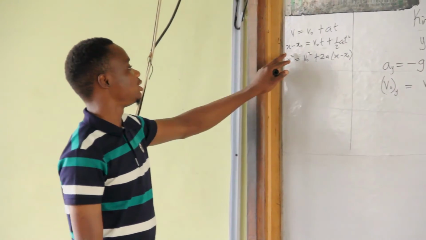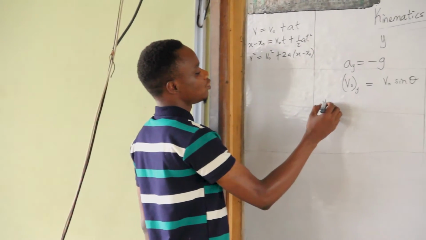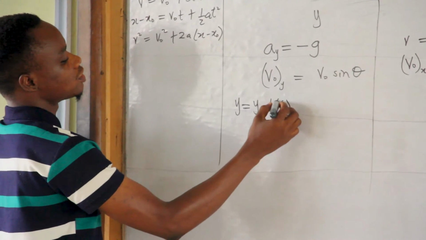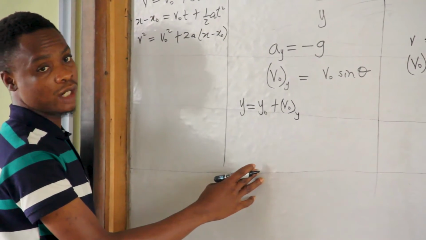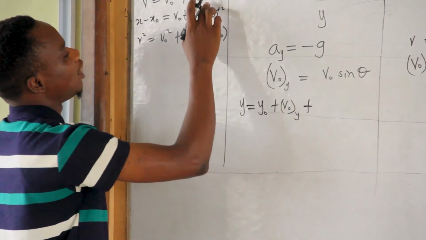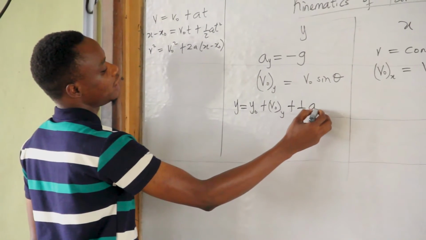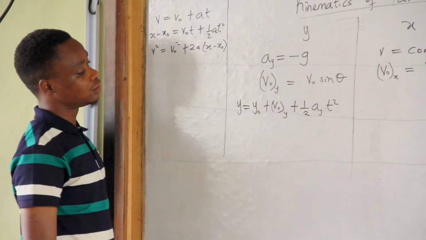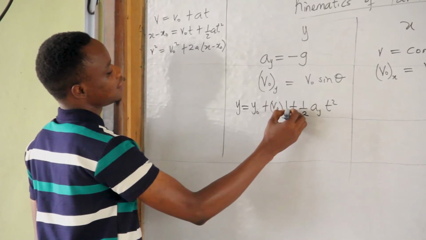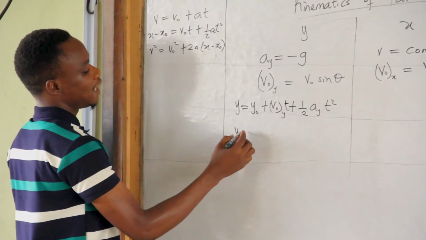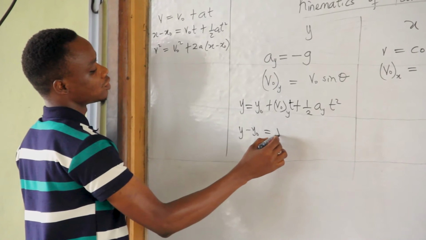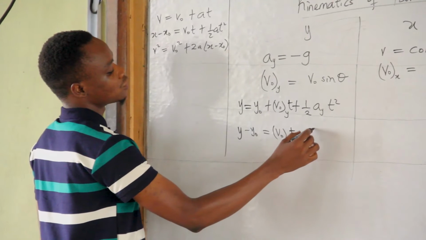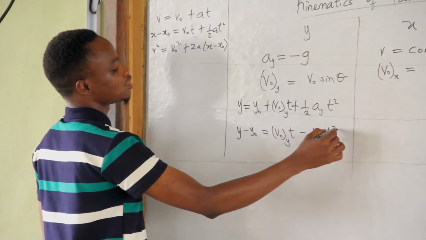If I want to get the y coordinate at any point, I would use y is equal to y0 plus v0y t, because I'm dealing with the y component, plus 1/2 a_y t squared. This gives me y minus y0 equal to v0y t minus 1/2 g t squared.